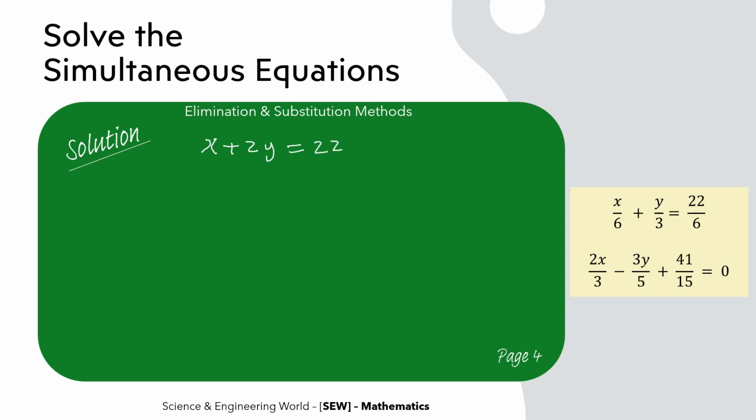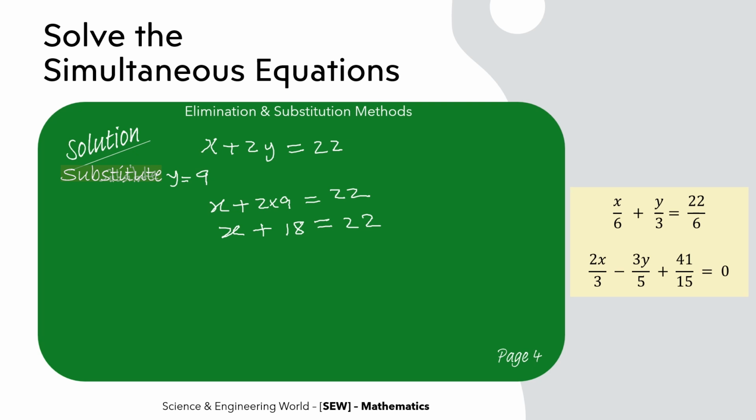Now we substitute y equals 9. So we now have x plus 2 times 9 equals 22. 2 times 9 is 18, so x plus 18 equals 22.